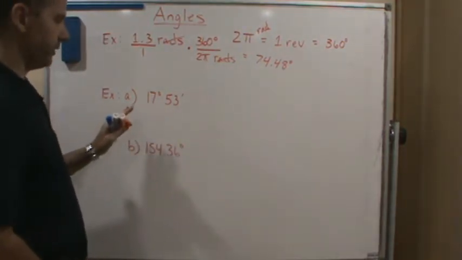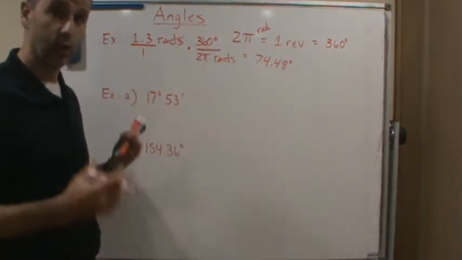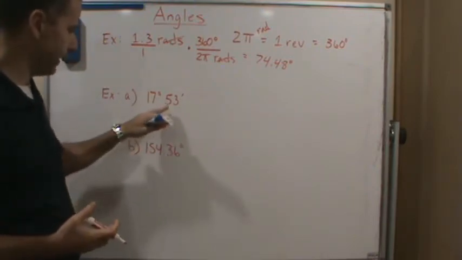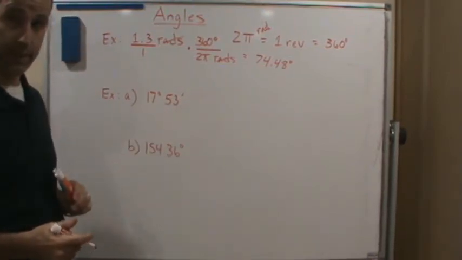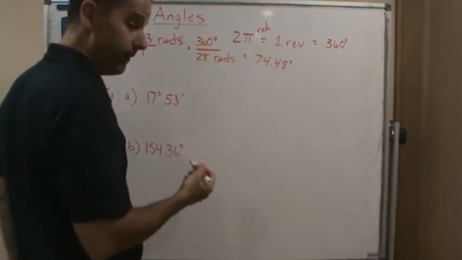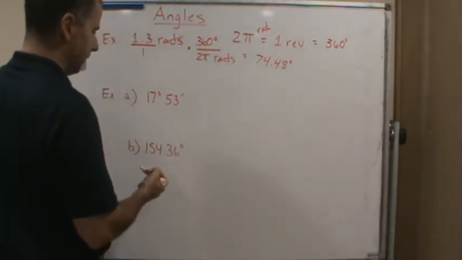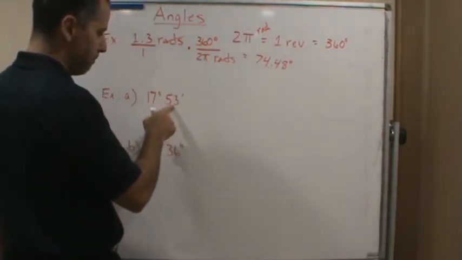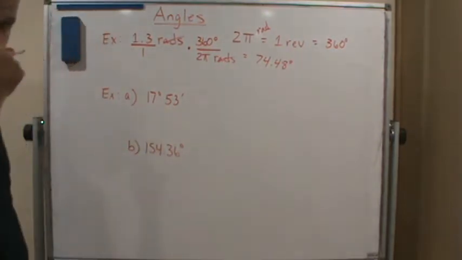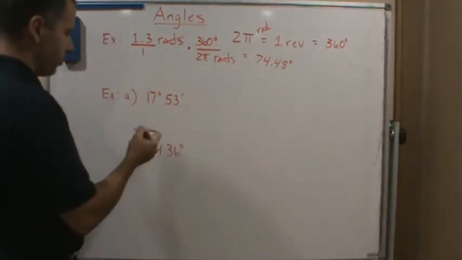So we want to convert this into degrees in decimal form. So we want to get rid of the minutes. We have to convert these minutes into degrees. How do I do that?